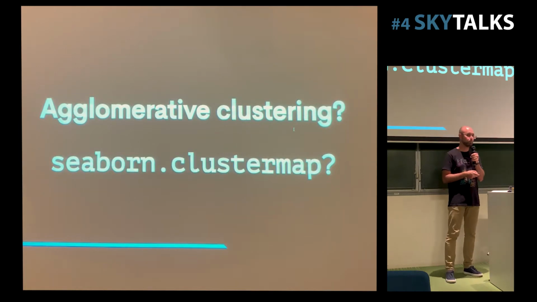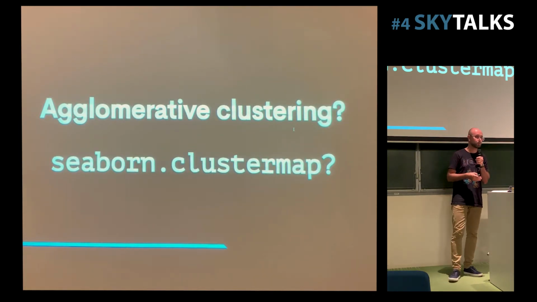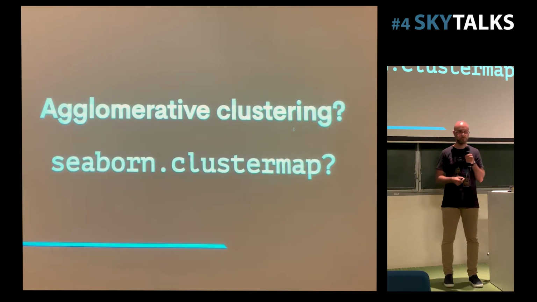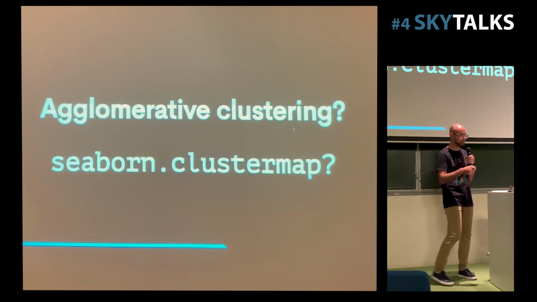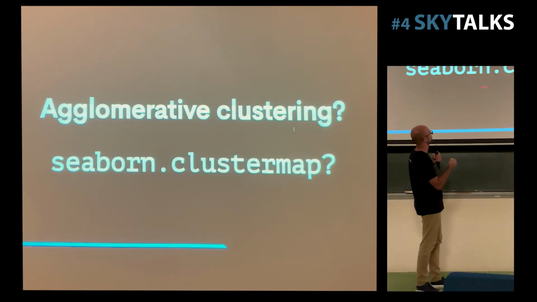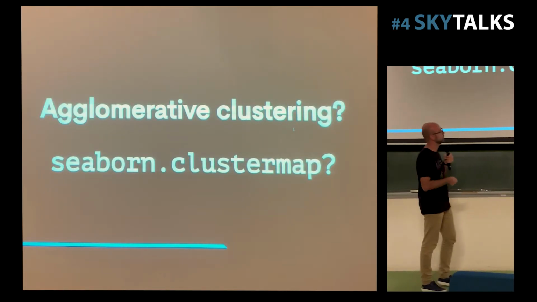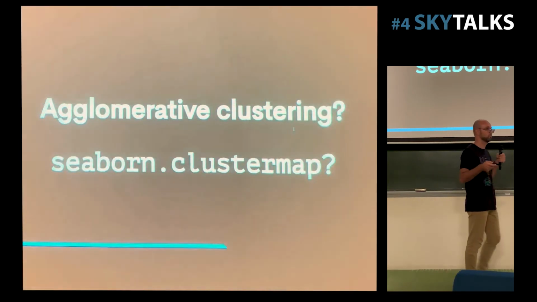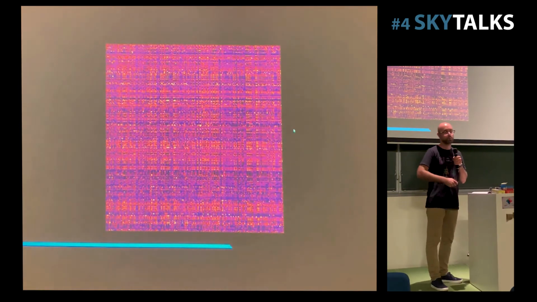I'm not sure how many of you did data science before, but if you open a data science tutorial, on the first pages you will see these words. You just apply this function to any heat map and you get the result. This is like 101. It doesn't work so well, unfortunately.